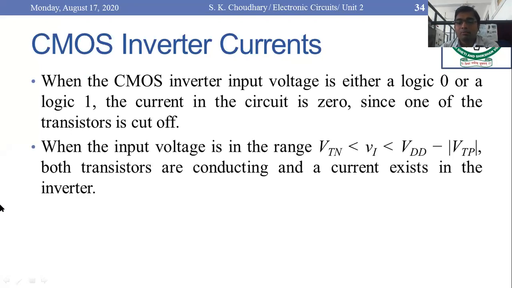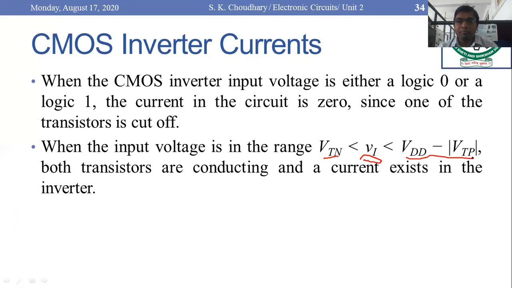We have seen already. But when your input voltage Vi is in between threshold voltage and VDD minus VTP, at that moment both the transistors start to conduct and a current exists in the inverter.